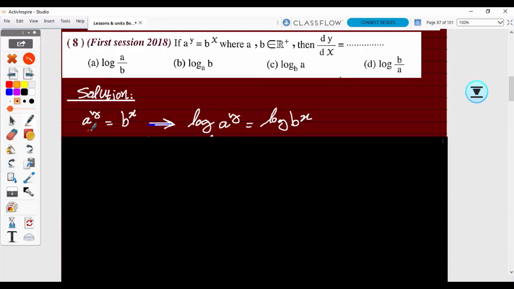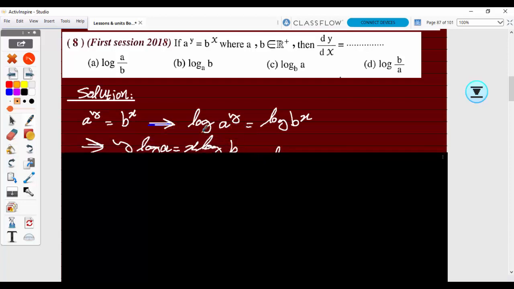Here we have a power y equals b power x. It is given. Then by taking the common logarithm to both sides, what do we get? We will get log a power y equals log b power x.